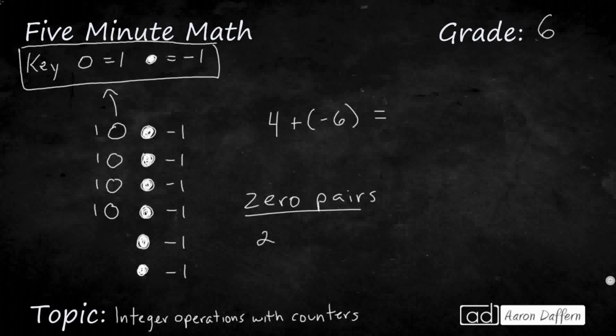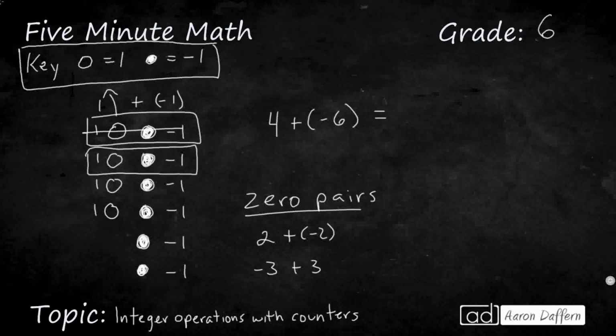So 2 plus negative 2, or negative 3 plus 3. They add together and they make 0. And really what we're looking for now is these right here. These are our zero pairs because I've got a 1 plus a negative 1, and those two cancel out. 1 plus a negative 1 makes 0. So I'm just going to put a box around my zero pairs here.